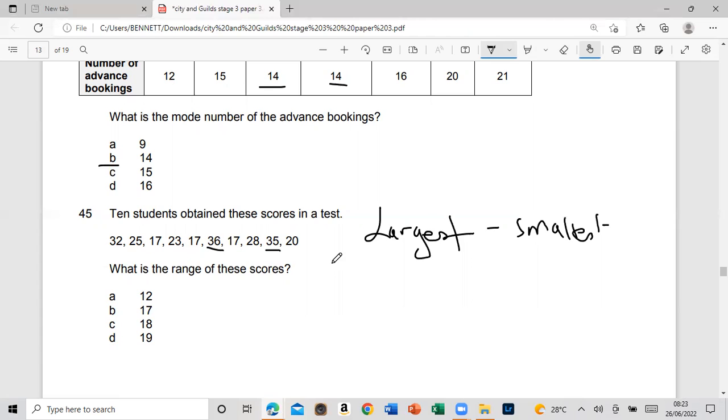So yeah, 36 and 17. Guys, I have to look at them carefully. So that's 16 now. That will be 9. So the answer, the range is 19.